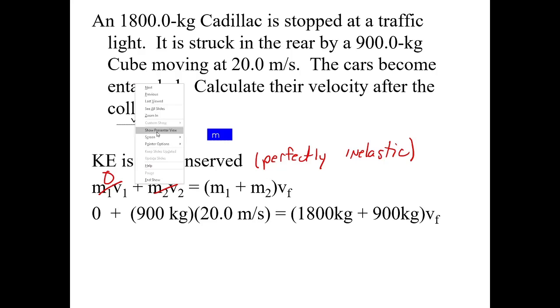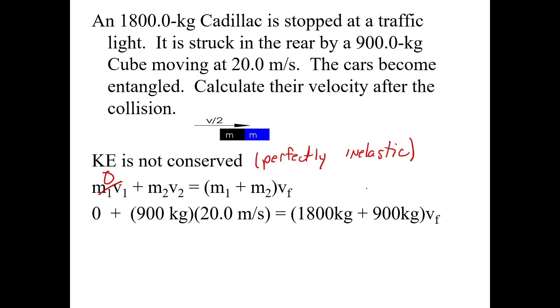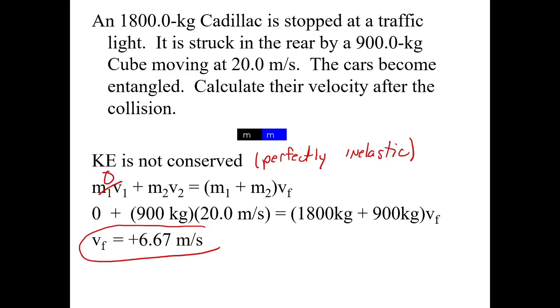And M2 was the other car that was moving. Let me clean that up for you a little bit. There we go. Sorry about that. And now it's actually pretty easy. It's just adding stuff together and calculating a V final at positive 6.67 meters per second.